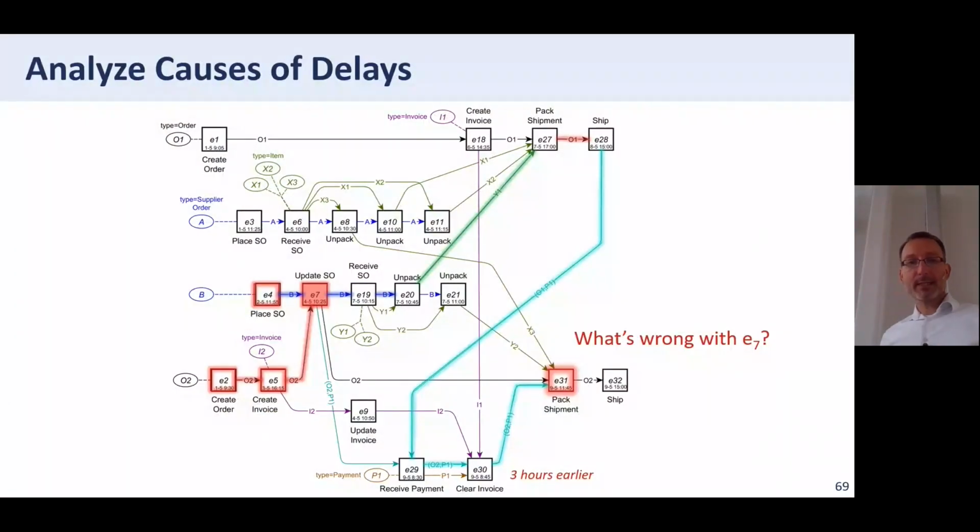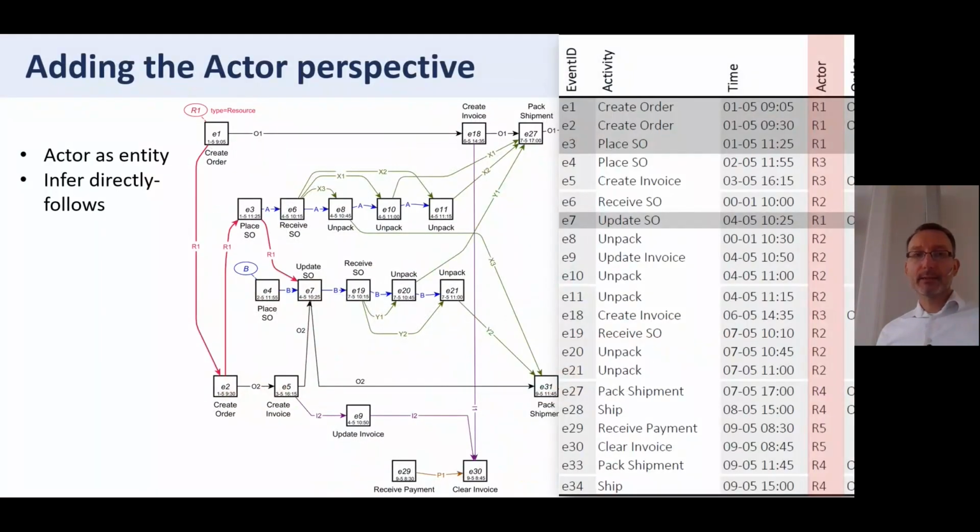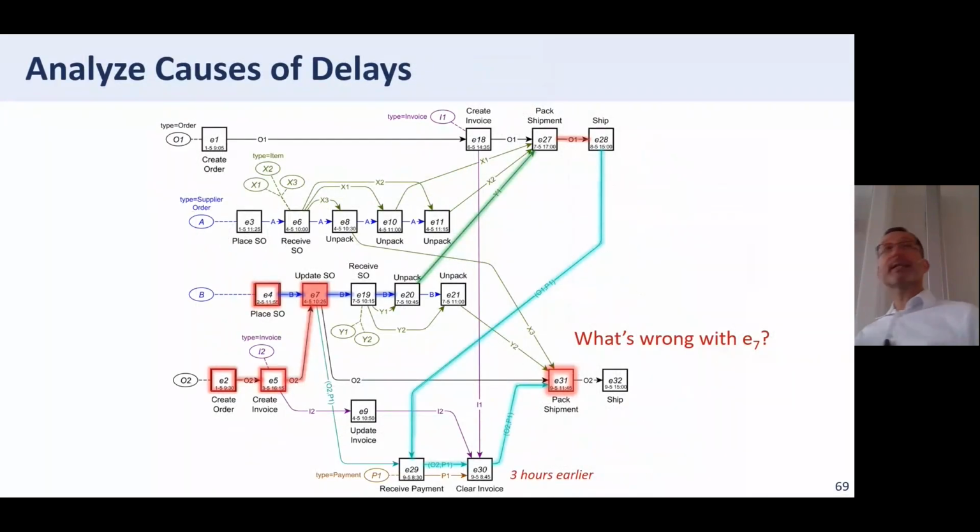So if we look at the data, we didn't look at the actor perspective yet, right? So I left this out, and I designed my example in a very nice way that now the actor perspective is going to give us an interesting additional dimension.